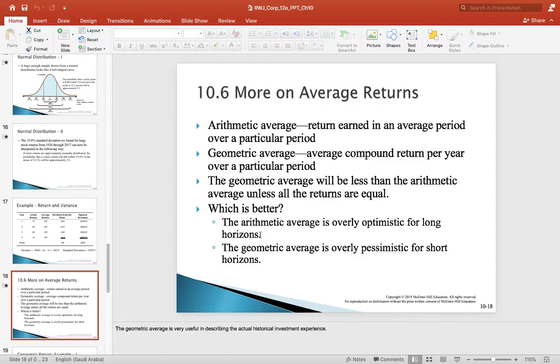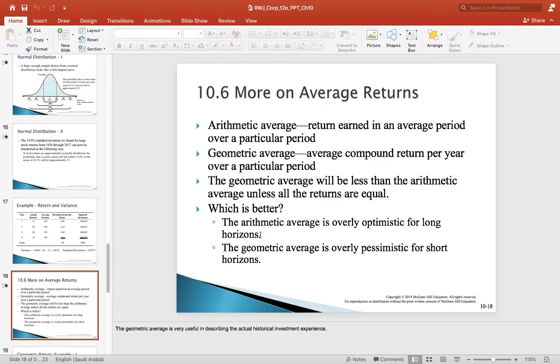The geometric average will be less than or equal to the arithmetic average. It is equal when the returns are the same over the years; then the geometric average and arithmetic average are the same. Otherwise, the geometric average will be less than the arithmetic average. The geometric average cannot be greater than the arithmetic average under any condition.